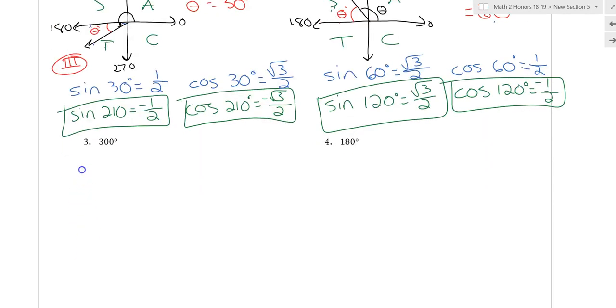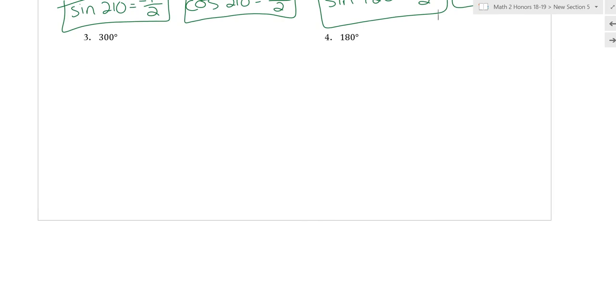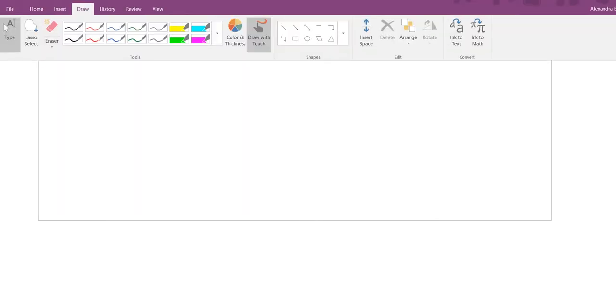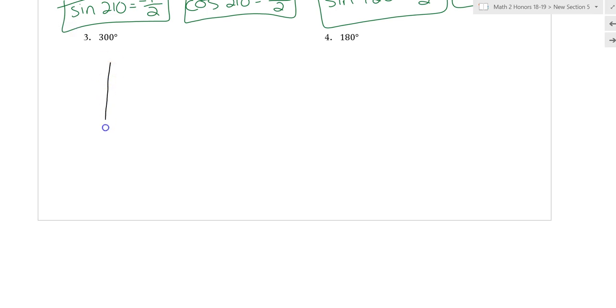All right, looking at our next example, 300. So we have 0, 90, 180, 270, 360, right?